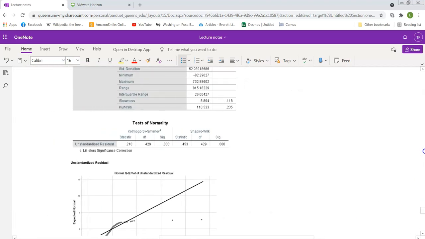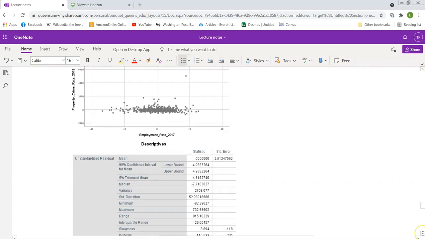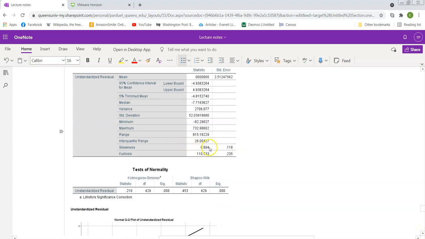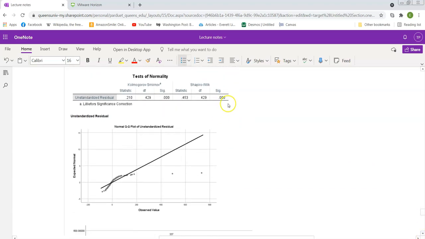And I've got those over here. We've got a skewness of 8.894 in our residuals, and we've got kurtosis of 110.533, which is the highest kurtosis I think I've ever seen in all the years I've been doing statistics. So this is obviously non-normal, as backed up by the Shapiro-Wilk test and the Kolmogorov.